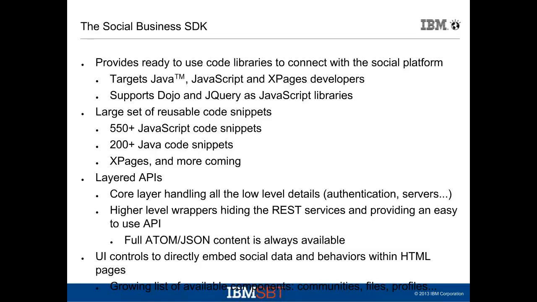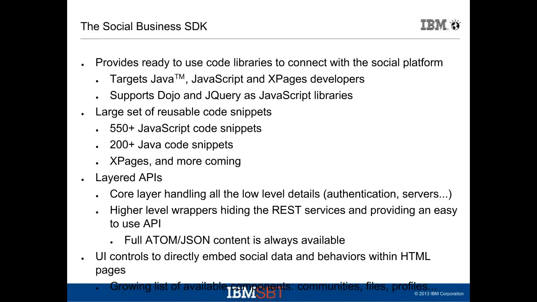But generally, it's still a bit of work because you have to manage the authentication through OAuth. You have to manage what we call the endpoints for your services, which means the server URL for your services. So it's a kind of a lot of work. And then you have to read the documentation to understand what you can do with these services, what are the payloads, the atom payloads, and how you extract the data from these payloads.